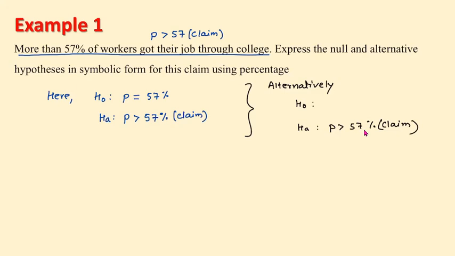We have p greater than 57, we can write p less than or equal to 57%. So still we have that equal to sign, but we may sometimes also use the opposite of this one. So we can also write like this. Throughout this video, I'm going to use equal to sign for null hypothesis. If you need the inequality format with less than or equal to or greater than or equal to, feel free to do so.